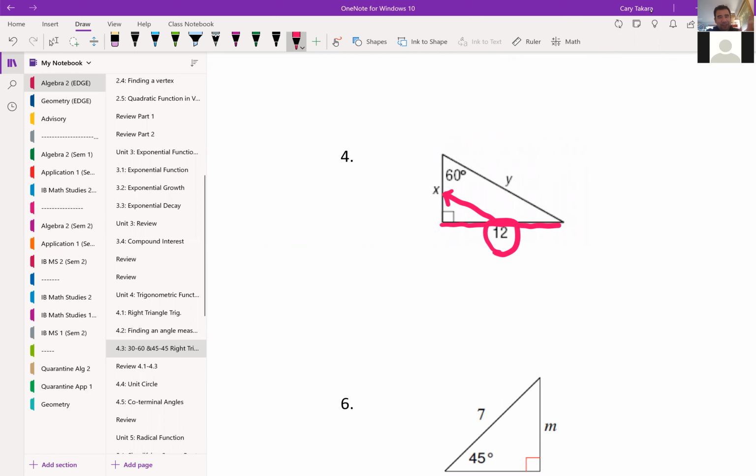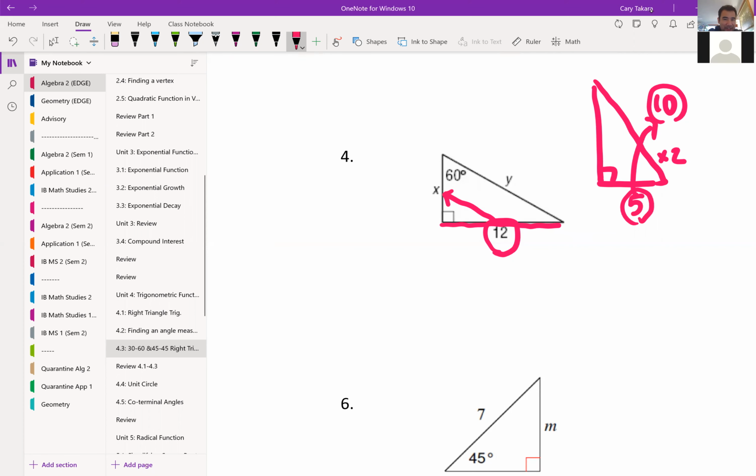Now remember, the triangle is all rotated, so you have to keep straight what the relationship is. The double and a half is between the short leg and the hypotenuse.